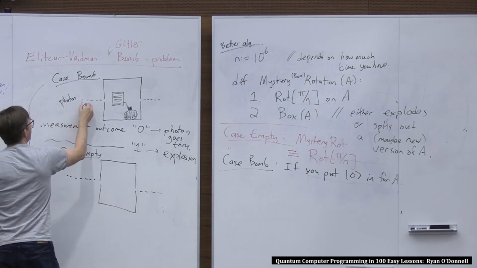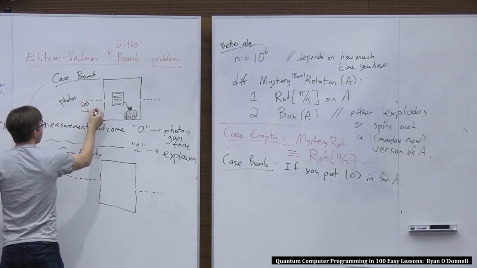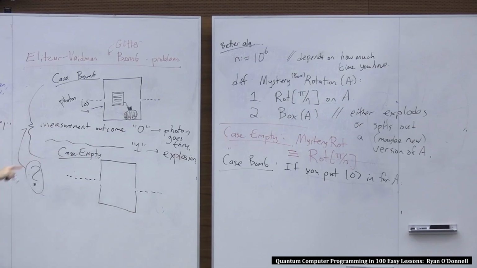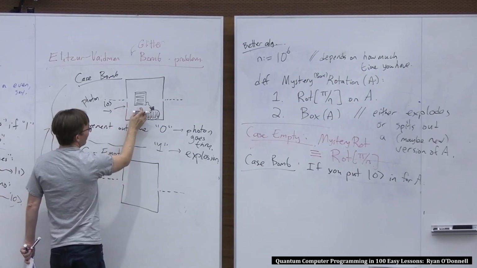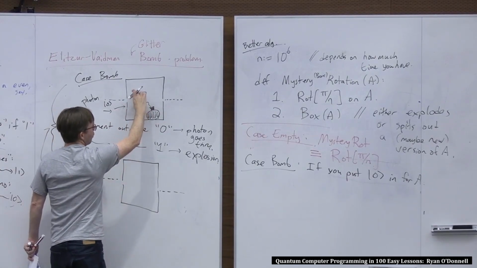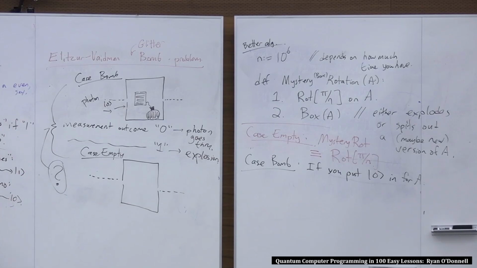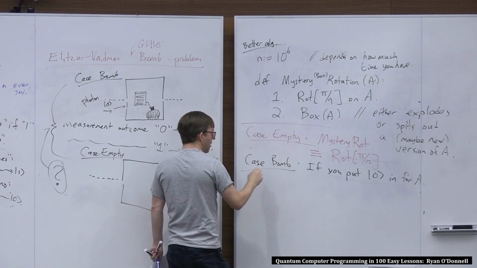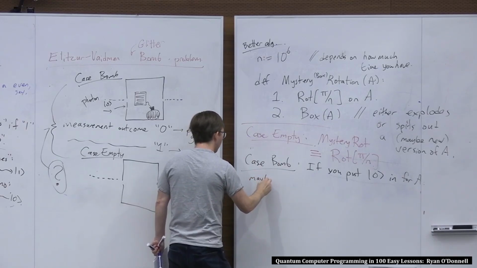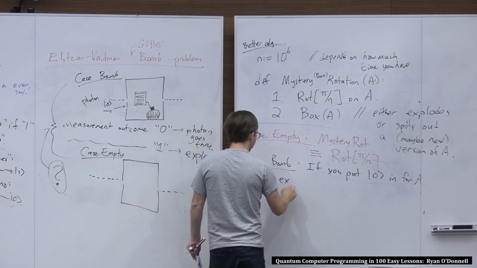So if 0 is coming in horizontal, and you intentionally make it a little bit rotated, and then you pass it through the box. And so we know since it's a little bit rotated, the angle is pi over n here, there is some chance it gets measured to vertical and thereby triggers the bomb. That's a very small probability, but it could happen. So if you put in 0, then maybe there's an explosion.